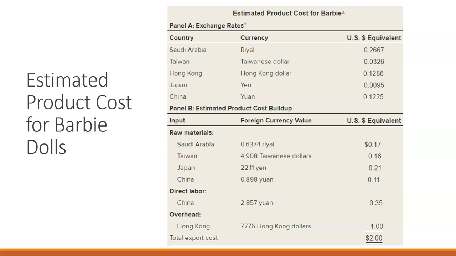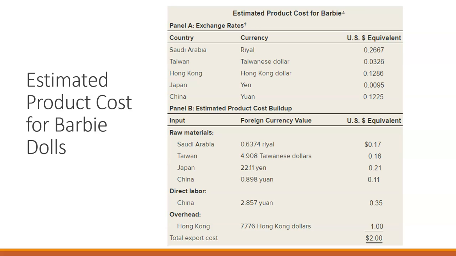So we have all of this example. We have 5 different currencies for the parts that we're transferring our Barbie around. We're getting cost buildup. We have raw materials from Saudi Arabia, Taiwan, Japan, China. We have labor in China. Our management is in Hong Kong.